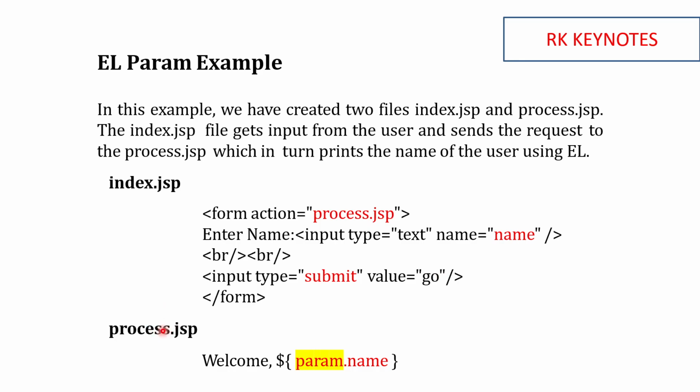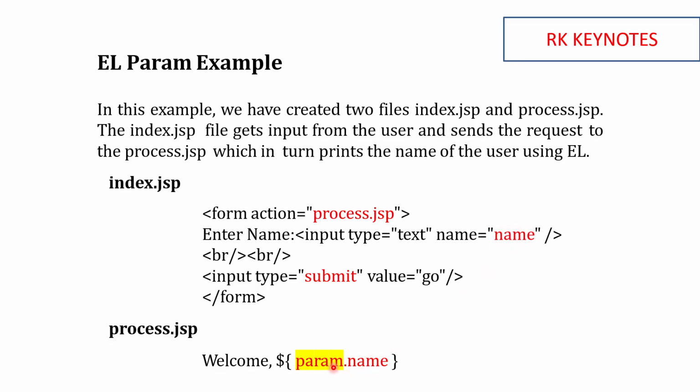Now, this is the second file, process.jsp. Here, what I'm saying is welcome, and you know that this is expression language, dollar sign, and then the curly brace. I'm saying simply PARAM dot, and I'm calling this field, text field name. So what happens?